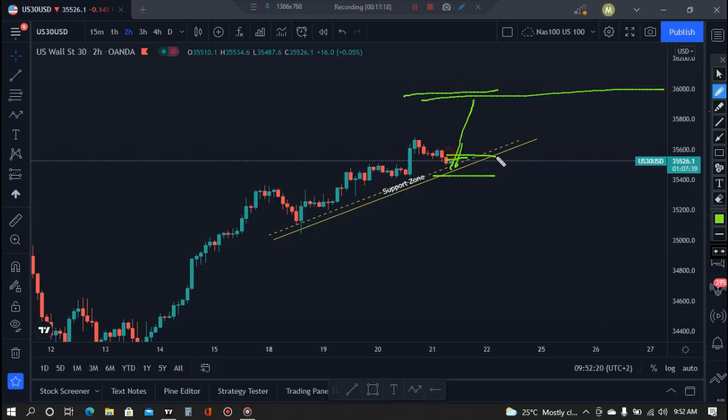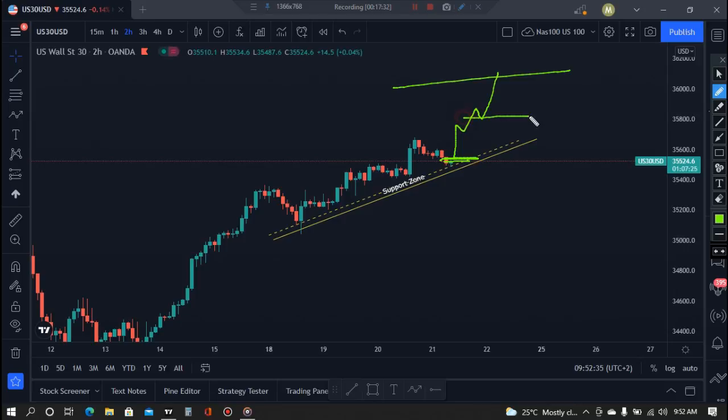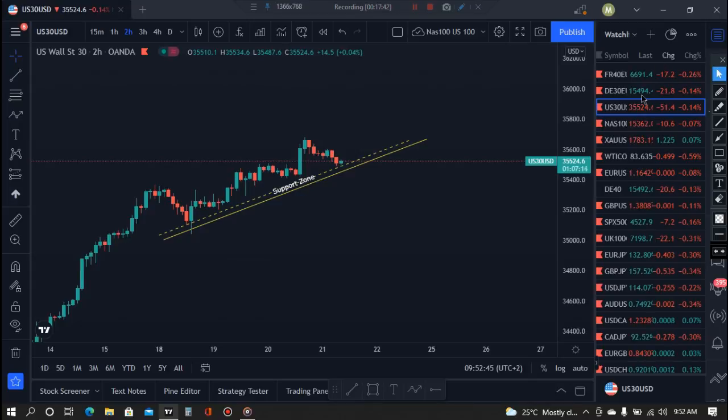So the entry can be the current market price at the moment. You can even get out soon. It depends on how you trade. So let's go to the next one. On US30, we're still bullish unless the market breaks our support.